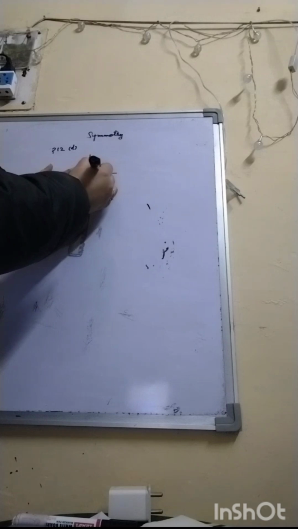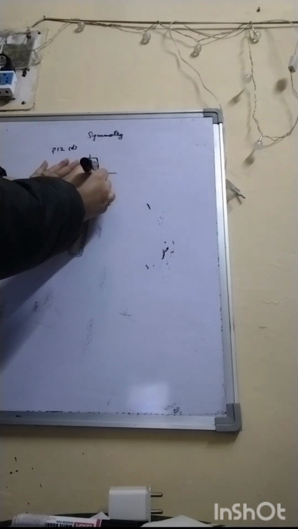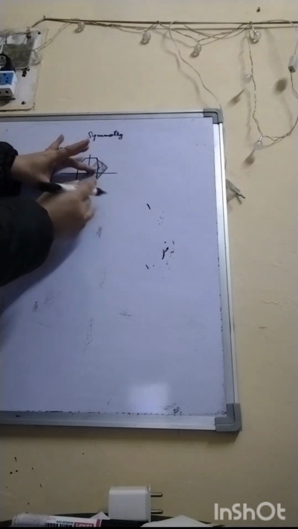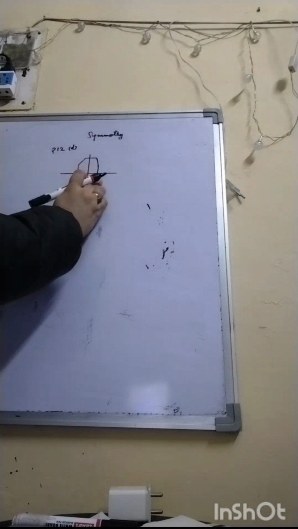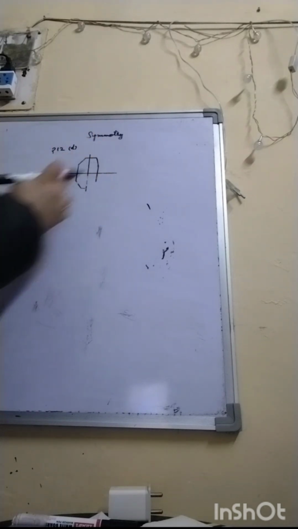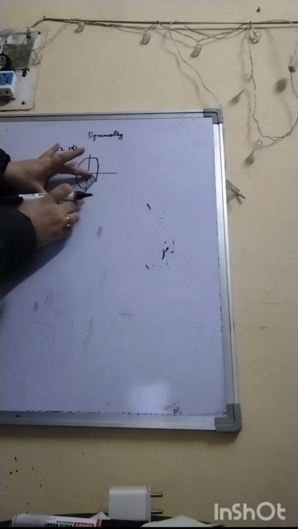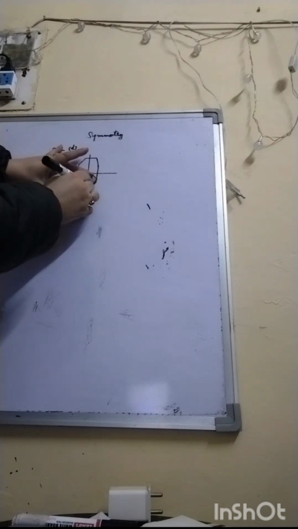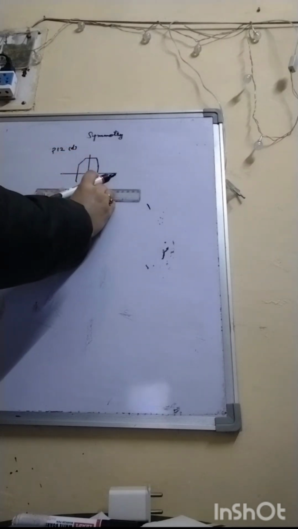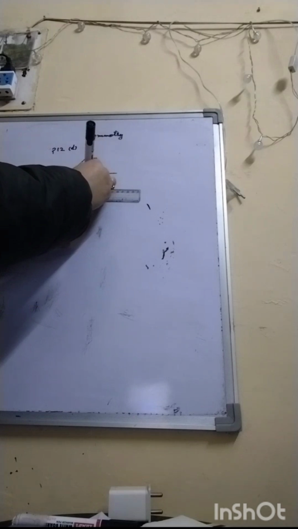Then you have 2 centimeter vertical, then 2 centimeter vertical below the first line of symmetry, then 2 centimeter and 1 centimeter here.